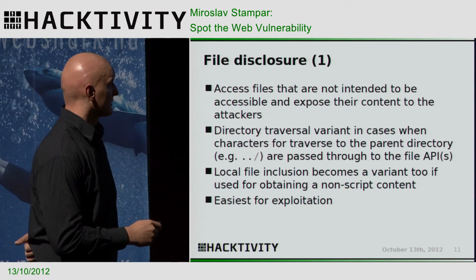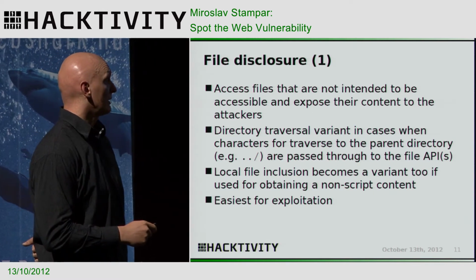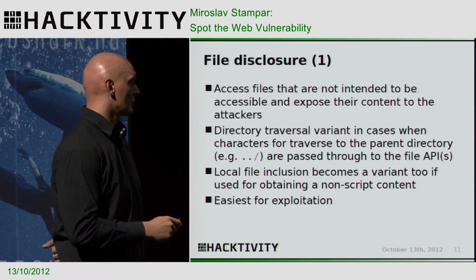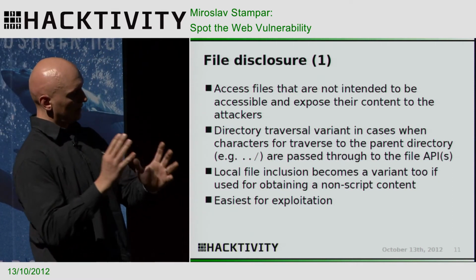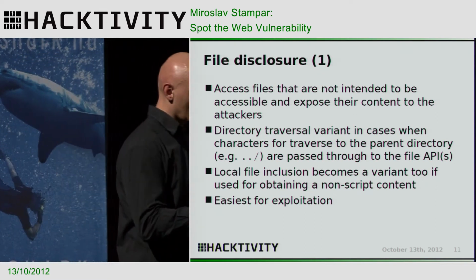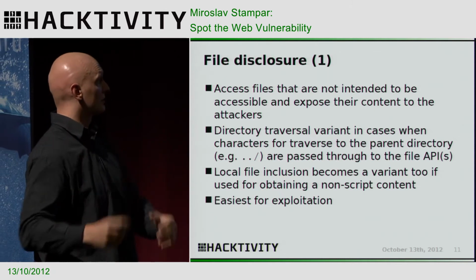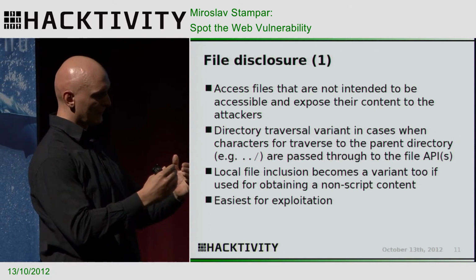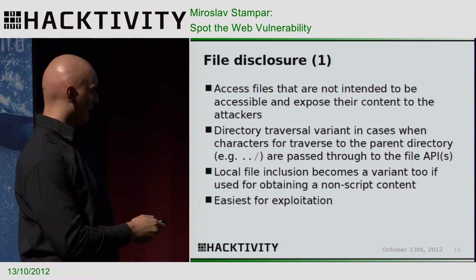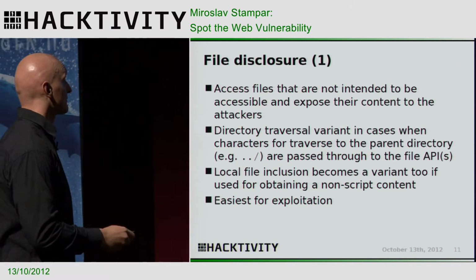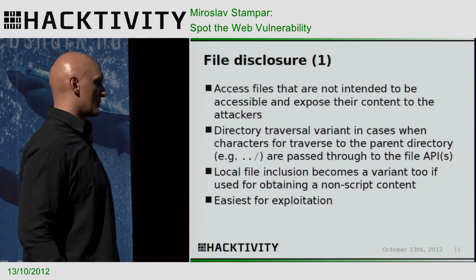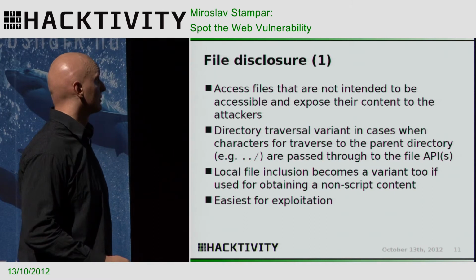Directory traversal is just one variant where this manipulation happens. We are just going down to the parent directories, trying to go to the lowest level possible and reference some interesting file. It is easiest for exploitation, and done by lots of web vulnerability tools.